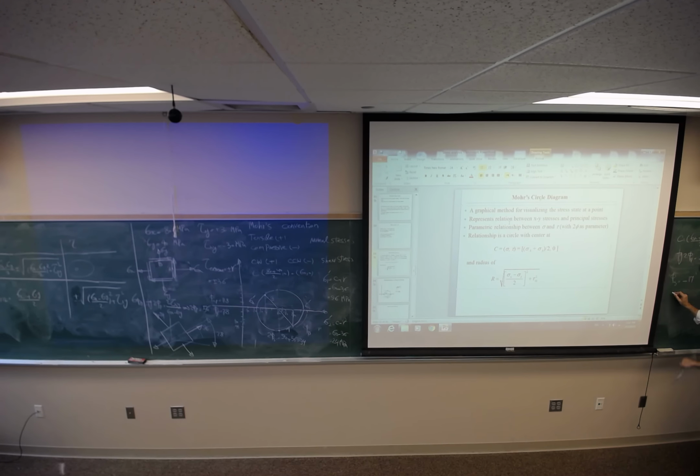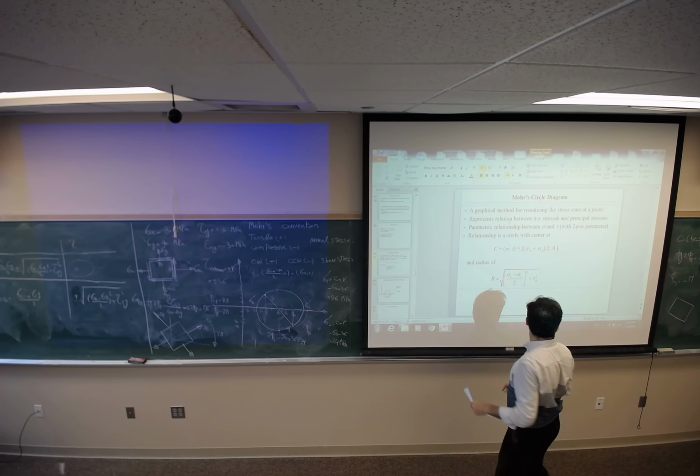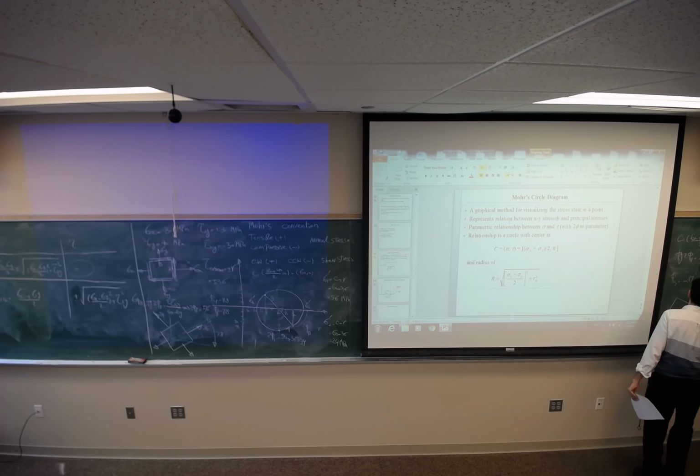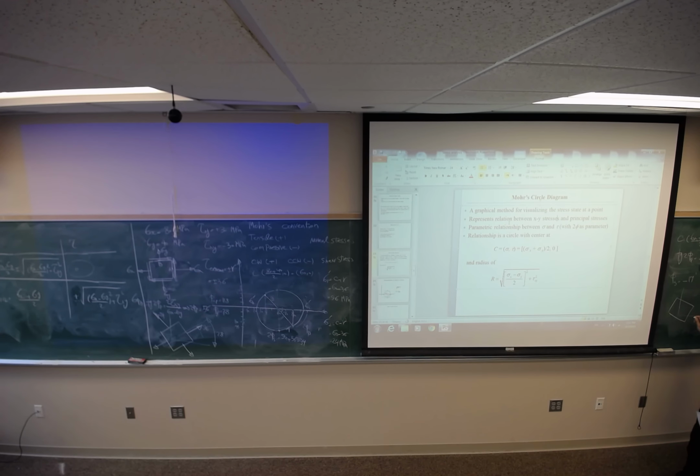Now, if I rotate the original stress element by negative 17 degrees, point A is going to show up here, point B is going to show up there.